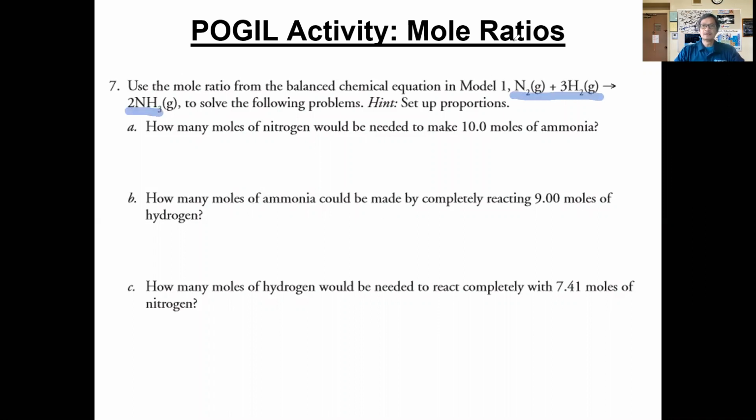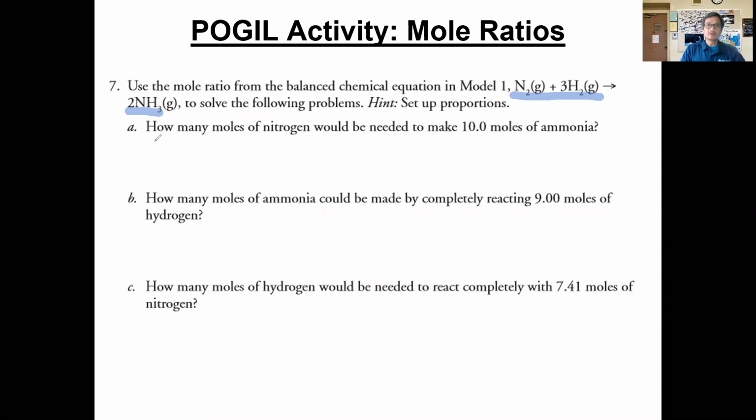We're going to use this equation to solve for some problems. Now, you can use proportions, but what I would suggest here is a simple conversion. Let's consider what we have here. We know this, folks, in a chemical reaction, we want to compare how many moles of nitrogen are needed to make 10 moles of ammonia.